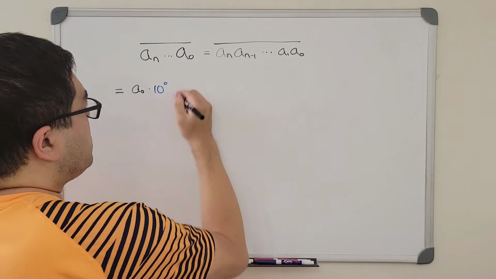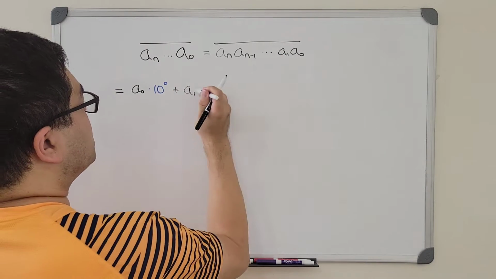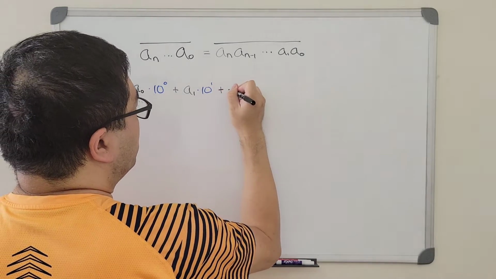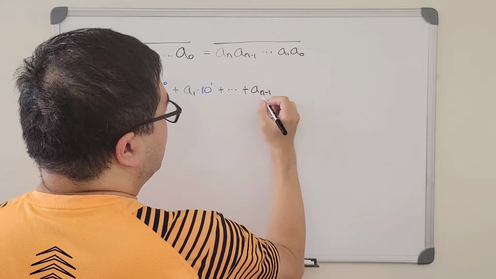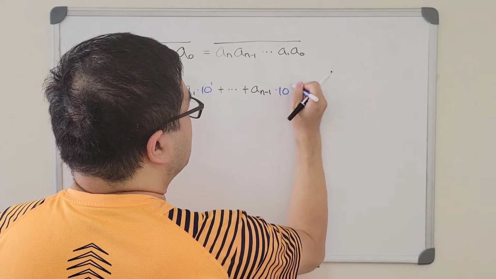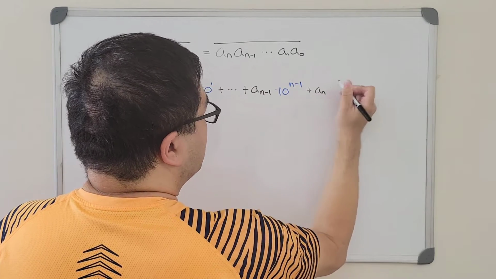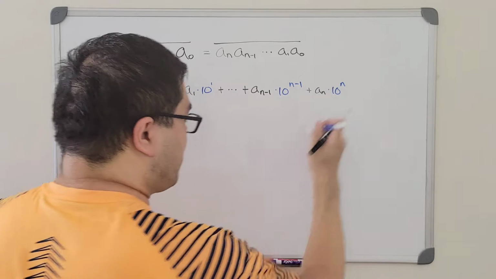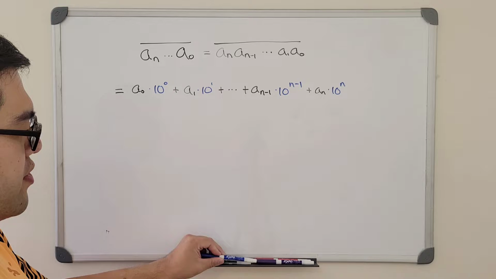And then next we have a_1 copies of 10 to the 1st power, and then so on and so forth, which ends up with the following: a_{n-1} copies of 10 to the n minus 1st power, plus a_n copies of 10 to the nth power. Great. So we have a finite sum here.